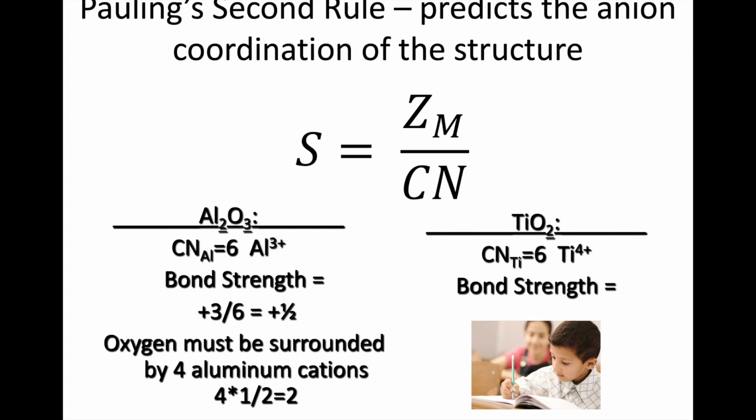I'll put this one in the quiz. If you want to set this as a quiz question, go ahead and pause the video, see if you can determine the bond strength, but also the coordination number of the anion, just like we did with this example. So pause the video, come back, and we'll discuss.